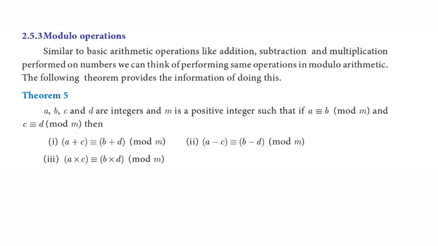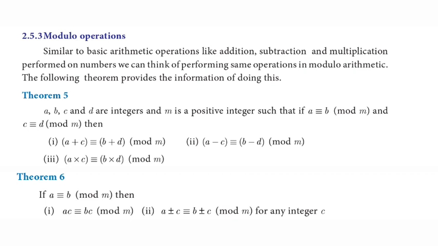Then first one, addition modulo: a plus c congruent b plus d mod m. Add LHS and RHS. Second one, a minus c congruent b minus d mod m. Same as second one. Third one, multiplication modulo: a cross c congruent b cross d mod m.